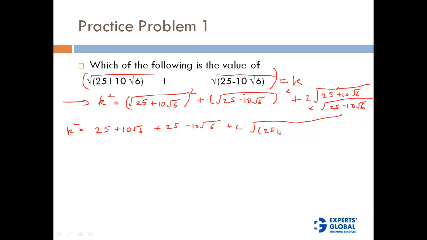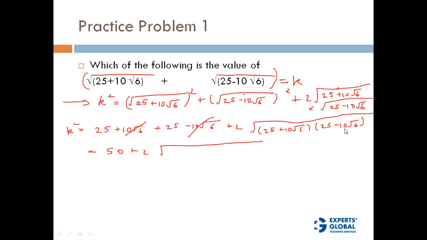Inside the whole under root we get 25 plus 10 root 6 into 25 minus 10 root 6, right? You'll see this 10 root 6 getting cancelled. 25 plus 25 is 50. 50 plus 2 times the whole under root of 25 plus 10 root 6 into 25 minus 10 root 6.